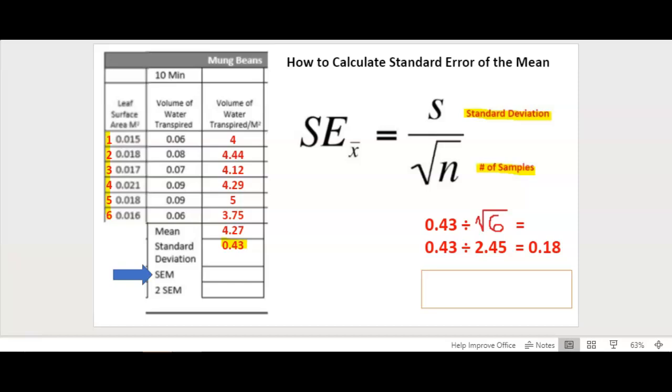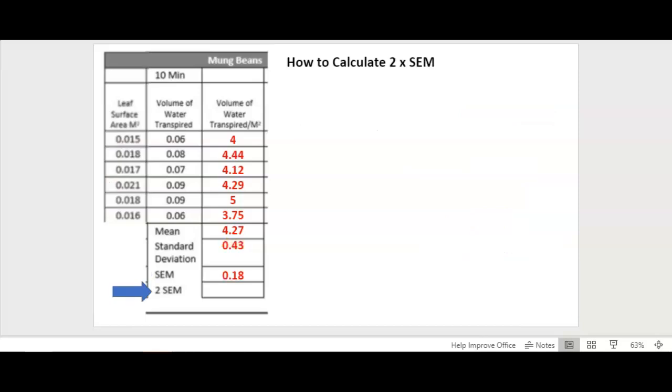Okay? Now, our next job is to calculate 2 times the standard error of the mean. And well, guys, that's super easy because all you do is take the standard error of the mean and multiply it times 2. So if I punch it into my calculator, I would have 0.18 times 2.